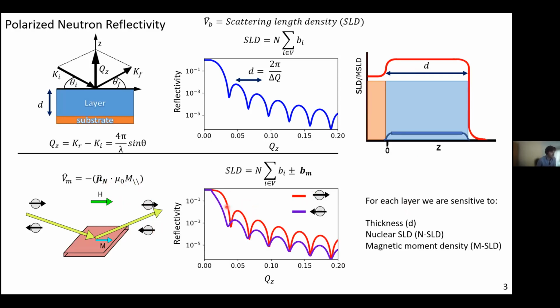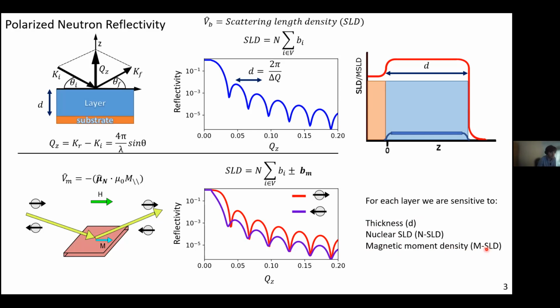So we can see our parallel state here and an anti-parallel state here. And by modeling these two reflectivity profiles, we're able to tell this projection of the magnetization in plane. And so we can say that we're sensitive to the magnetic moment density, or the MSLD. Okay, great. So with sensitivity to layer thickness, nuclear SLD, and magnetic moment density, or MSLD, we should be able to see all of the properties of our bilayers that we're interested in, or most of them.